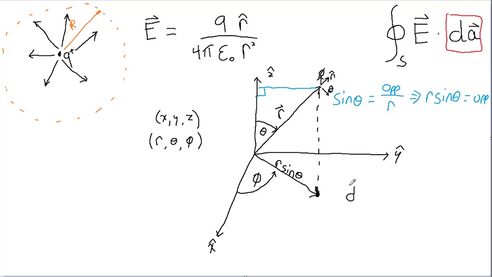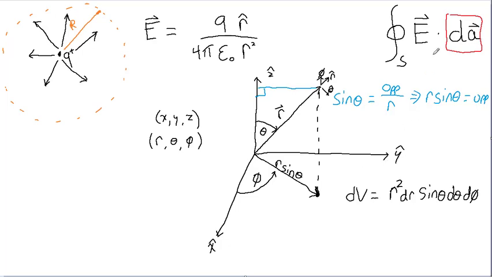If I want to represent an element of volume, that element of volume is going to be represented as r squared dr sine theta d theta d phi.